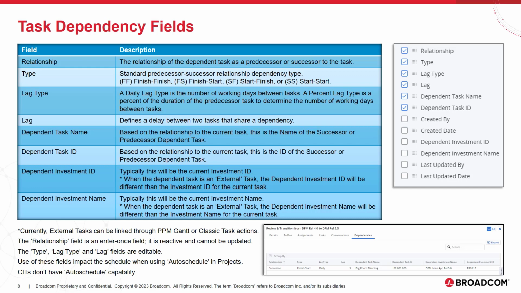Note, if there are external dependencies, they're not listed as tasks in the list of tasks within the investment. Currently, the only external task that can be seen is when you're in a project that has an associated subproject, and the tasks between the master and subproject can be seen.